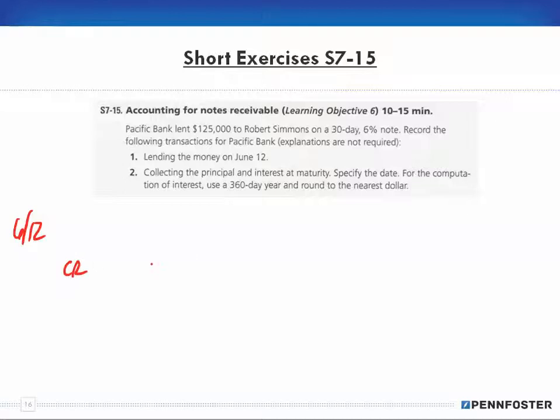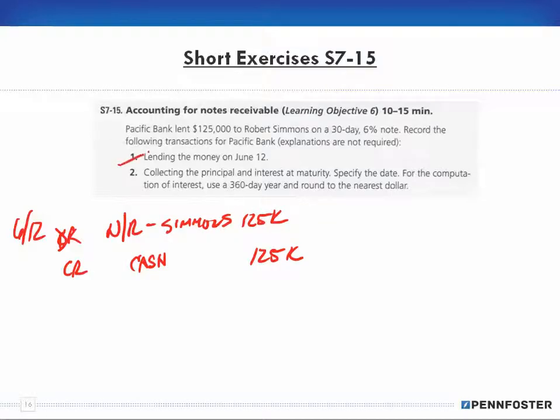So I'm going to credit my cash for 125,000, and debits have to equal credits, so I'm going to debit something else, and that's going to be a notes receivable to Simons for 125,000. So that's my initial journal entry when I lend out the money.